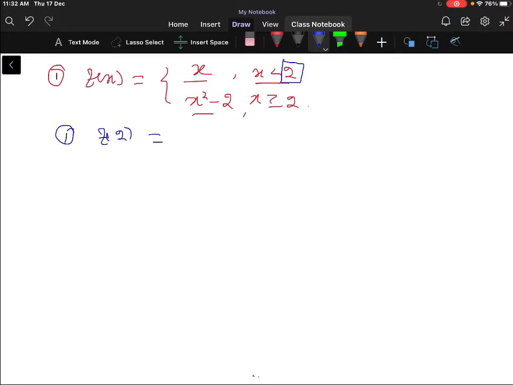At x equal to 2, we take the function f of x as x square minus 2, therefore f of 2 is equal to 2 square minus 2, that is 4 minus 2, that is equal to 2. Therefore f of 2 value is 2.